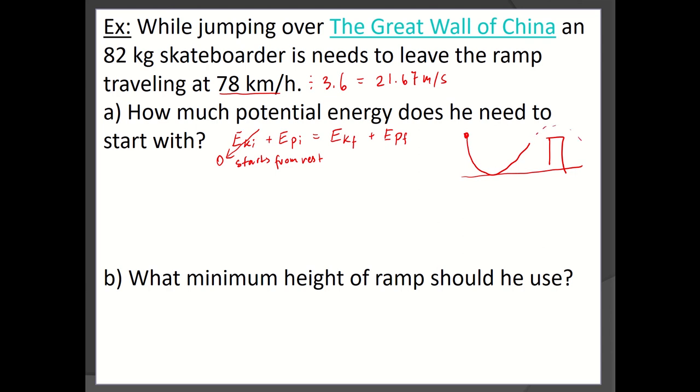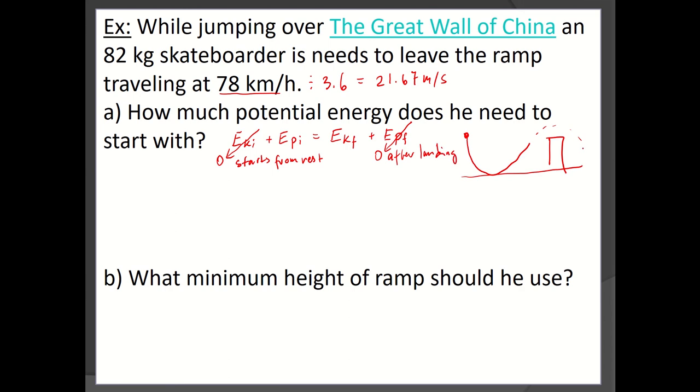So we know the kinetic energy at the beginning is going to be 0. So all he has is potential energy at first, which means that at the end, after the jump, he's not going to have any potential energy at the bottom. So once he lands, let's say at the bottom here, the potential energy is going to be 0, after landing.